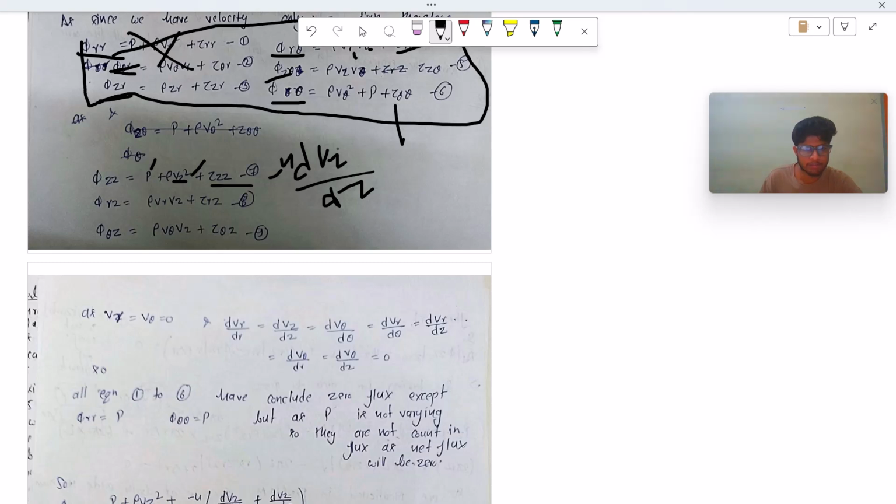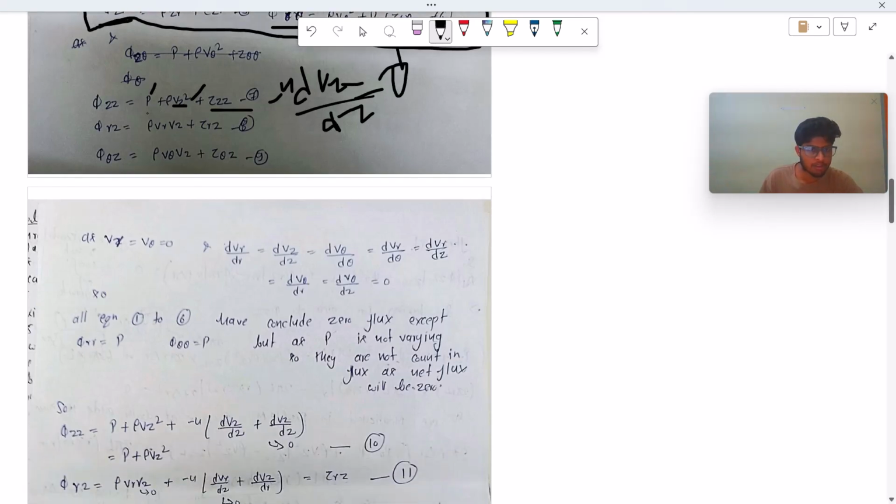As velocity is not varying in the z direction, this term is equal to 0. So we have only p plus rho Vz square remaining.